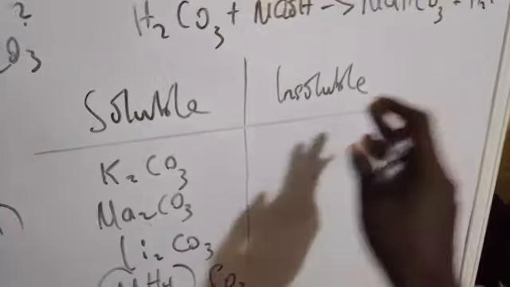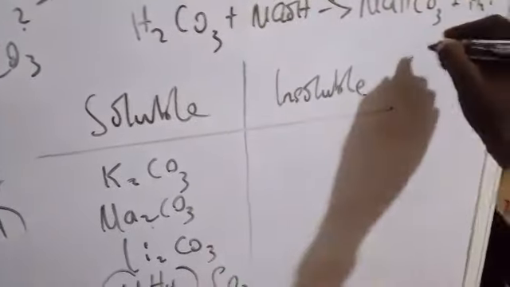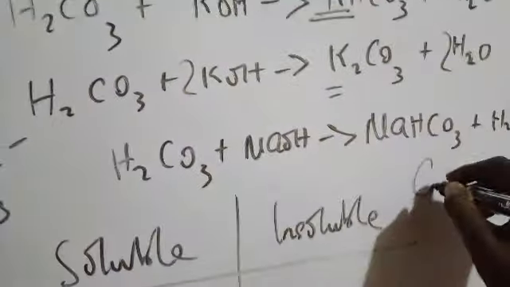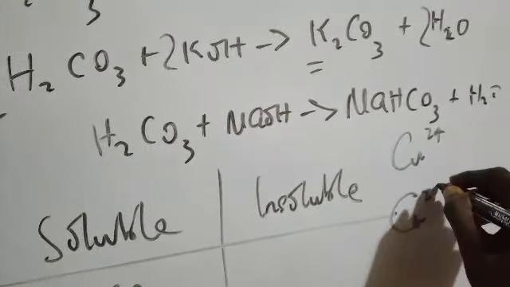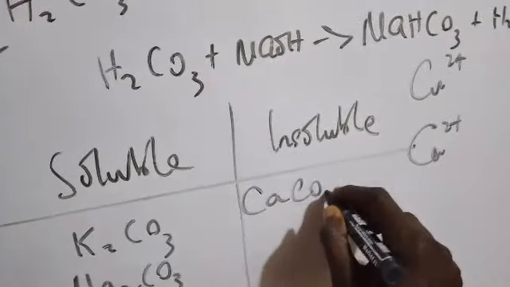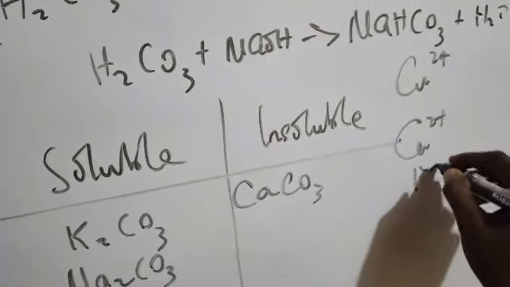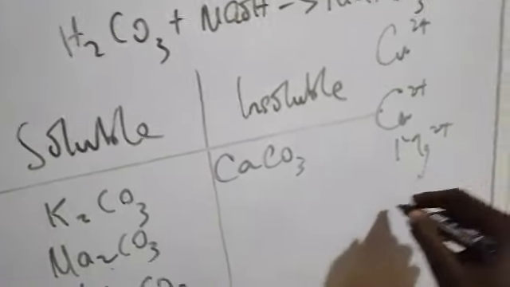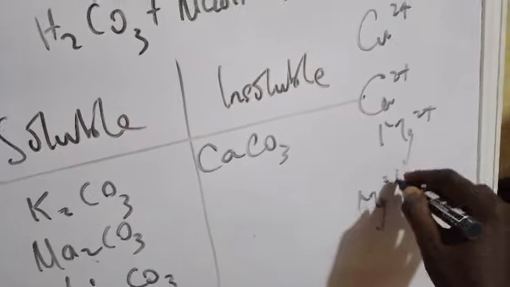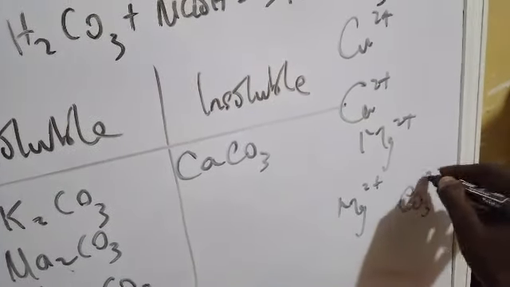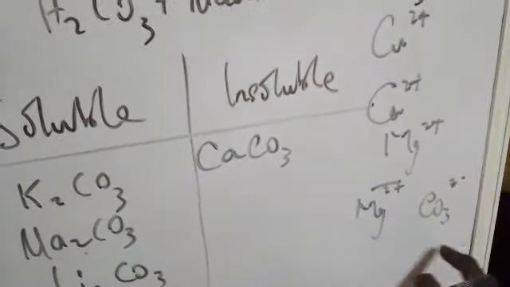Then others are insoluble. For example, group 2 elements, which are alkaline earth metals, Ca2+. So you have something like CaCO3, limestone. You also have Mg2+. When you have Mg2+ and CO3 2-, the 2 cancels the 2, so you're left with MgCO3.